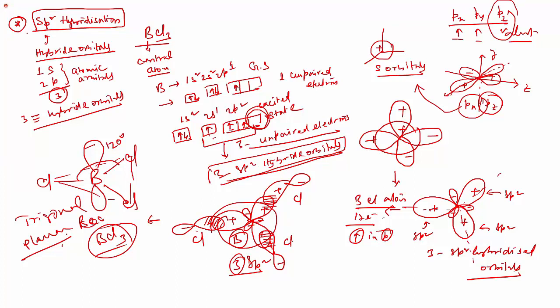Now I am going to the other hybridization, sorry, sp3 hybridization. So this is the sp3 hybridization, which means these are hybrid orbitals.